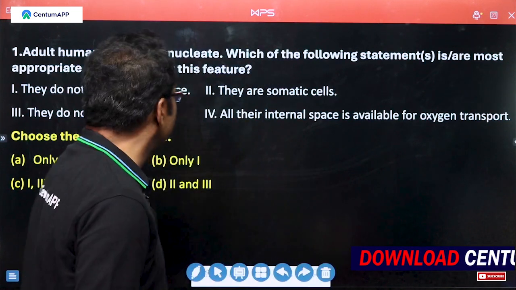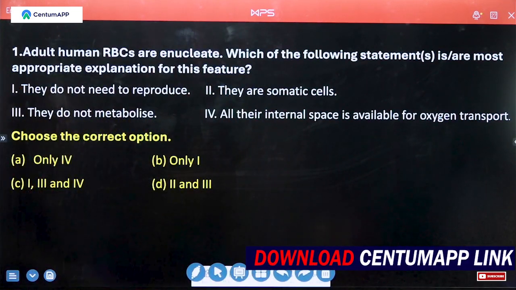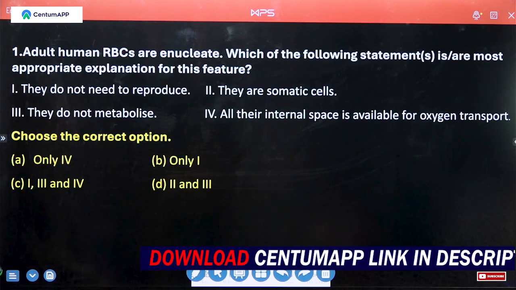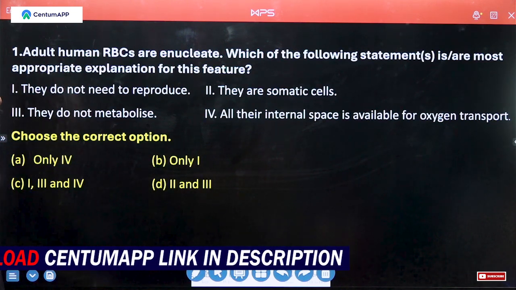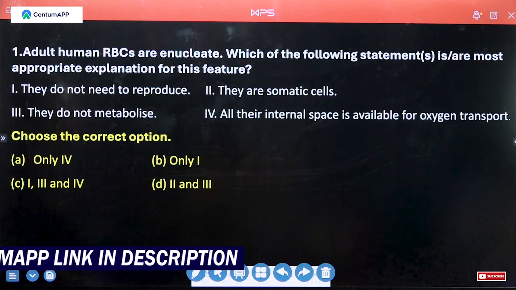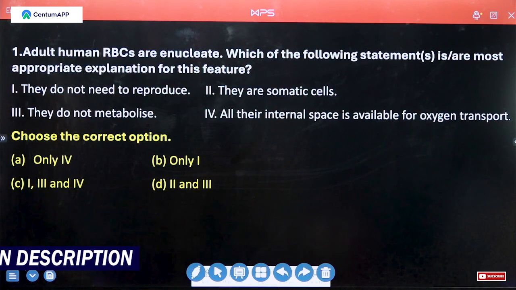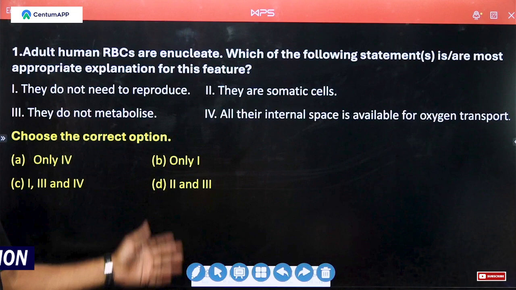Let us discuss. Question number 1 is: adult human RBCs are enucleate. Which of the following statements is the most appropriate explanation for this feature?